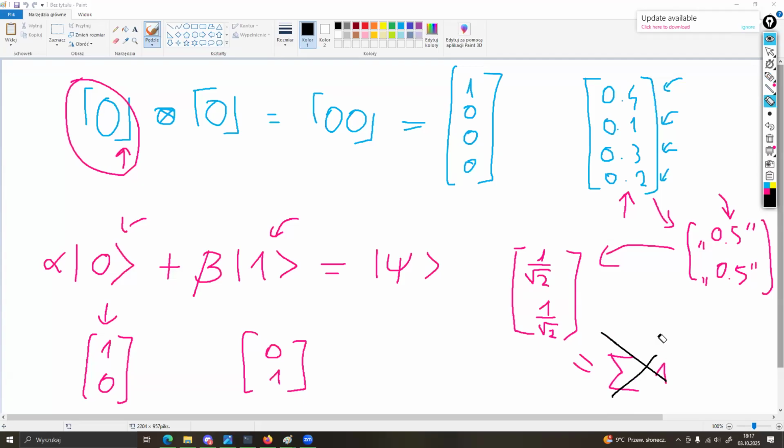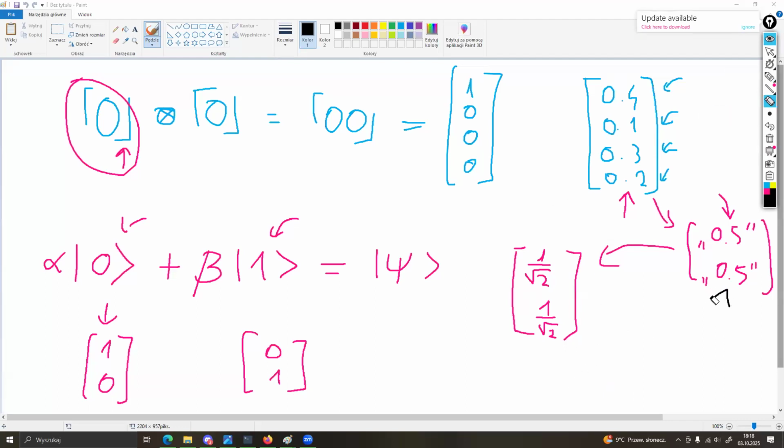This is a very important difference, one of a few that we would be dealing with while operating on these states and while performing calculations on quantum computing hardware. This is the most important one. We cannot really express the probabilities in a standard way. We have to express them as the square root of probability. And these are amplitudes, right?